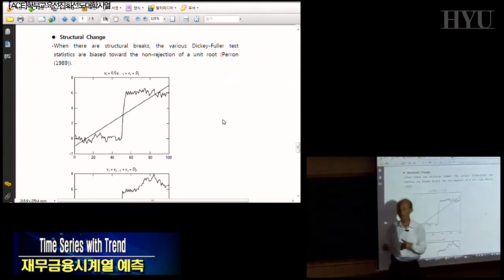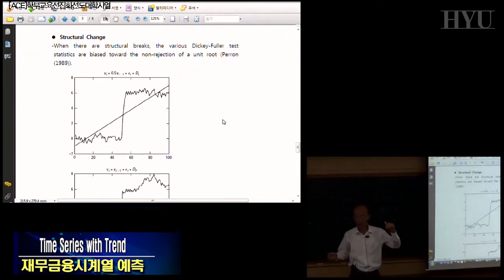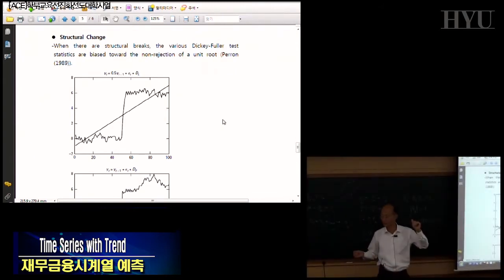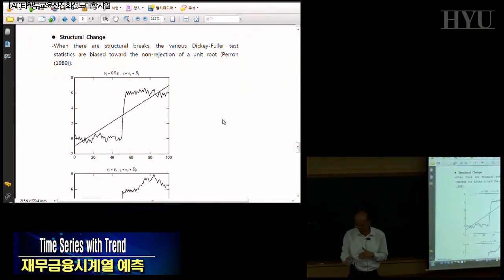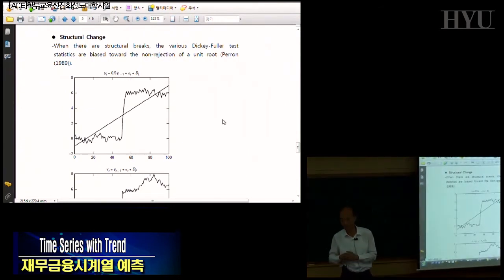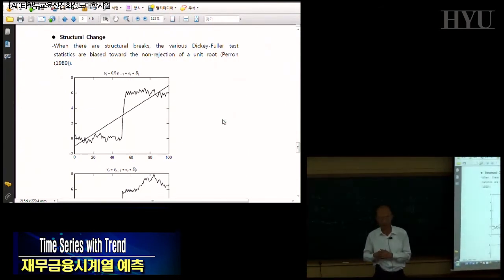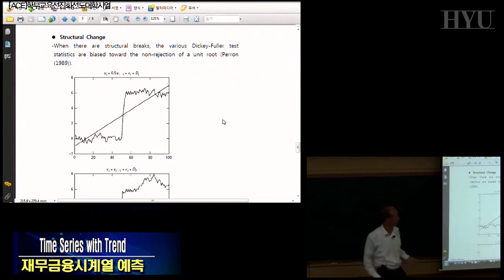You see, when we look at our real GDP sequence or GDP sequence of the United States, we all know that we have a kind of dip in the series during the period of crisis, like the subprime crisis in the United States and the global financial crisis in Korea, and so on and so forth.